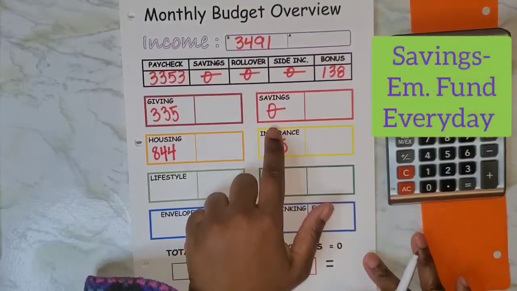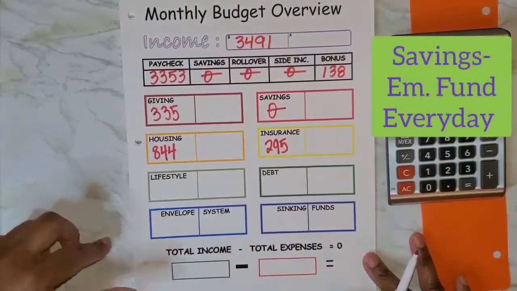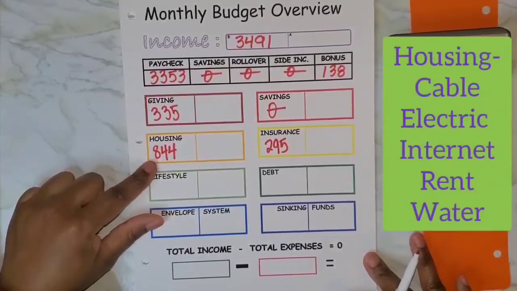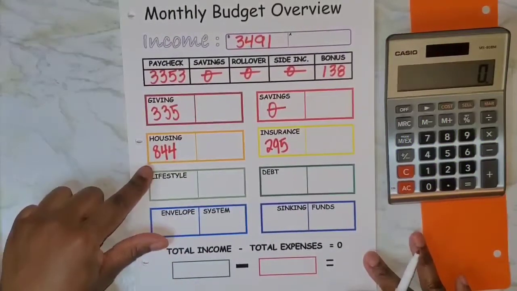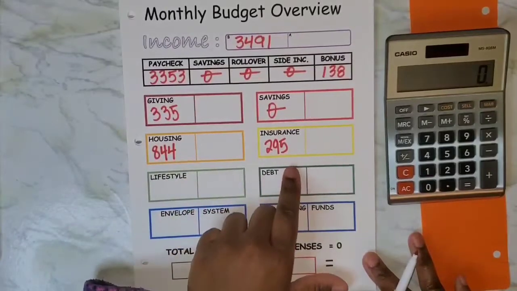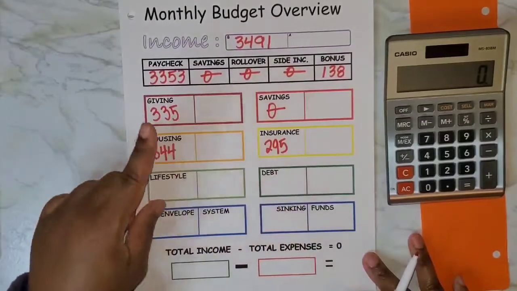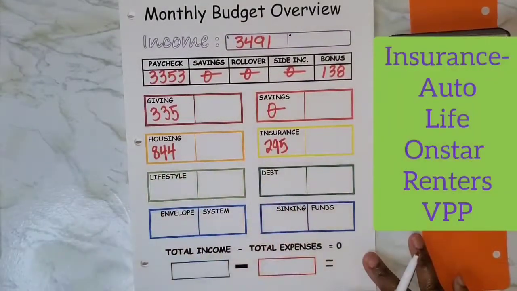I'm not sending anything to savings. Housing consists of things like rent, water, electricity, cable. That's listed here if it's listed in our budget, but the total is $844. Insurance is $295. Insurance is like auto, renters, life, and you should see the list.